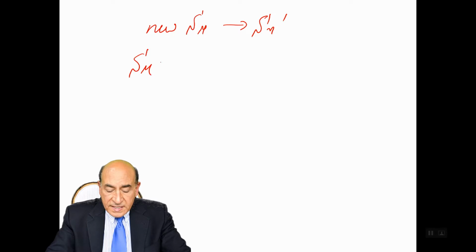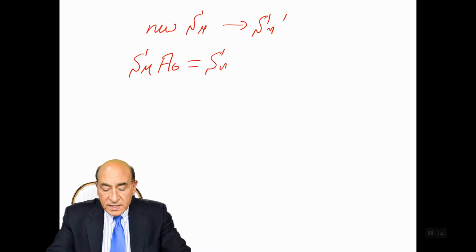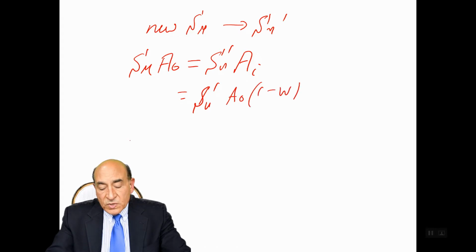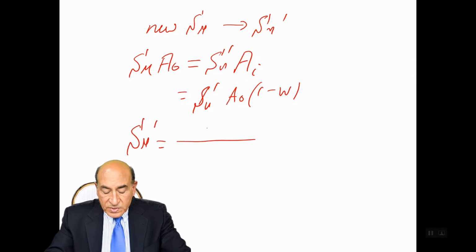So the idea is that S ultimate times A0 is equal to approximately S ultimate prime times A_i, and A_i is equal to A0 times 1 minus W. So with that, I have S ultimate prime is equal to S ultimate divided by 1 minus W.